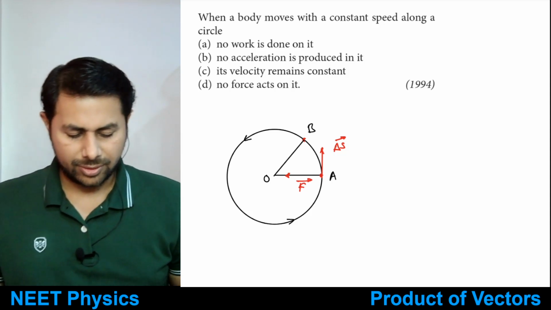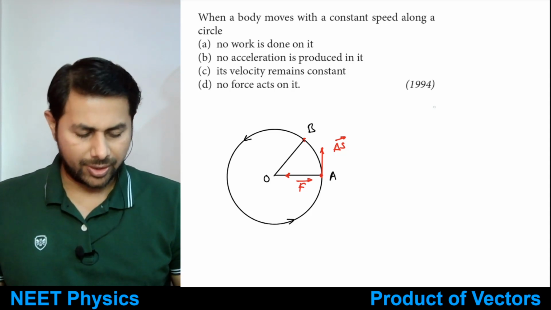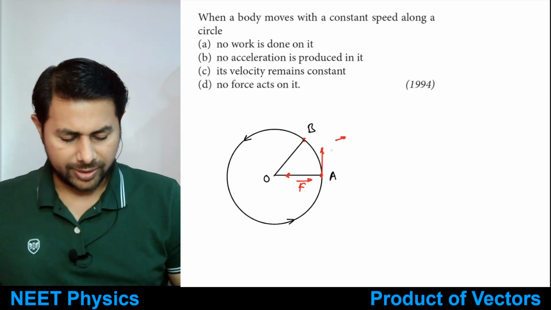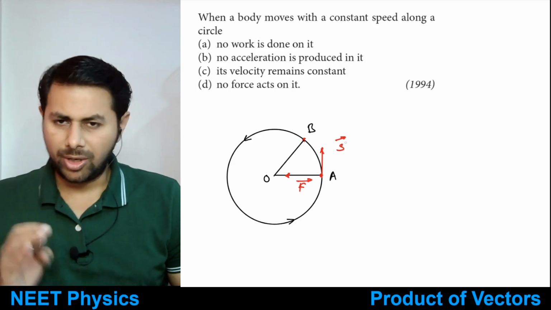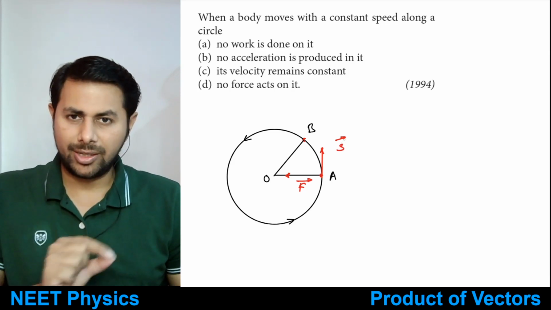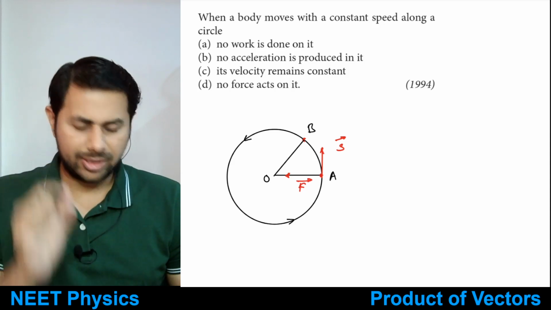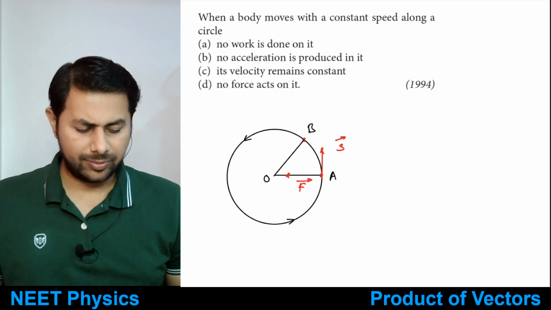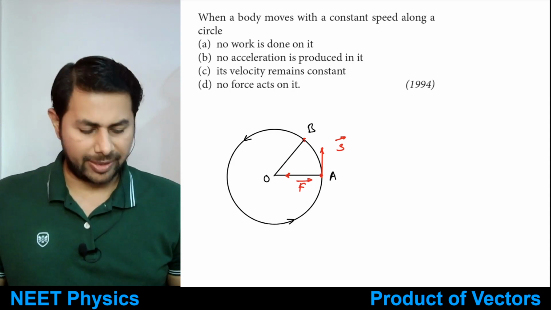Okay. So if you take F bar dot delta S bar, or you can call it S bar also, no problem. What is that? It is the small displacement. It is said to be infinitesimal, meaning the displacement in a very short time, delta t tends to 0. Or instantaneous displacement.